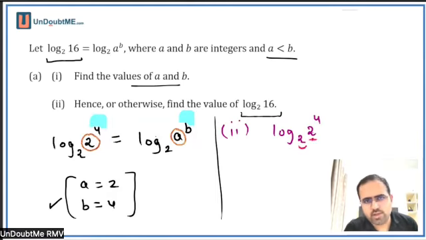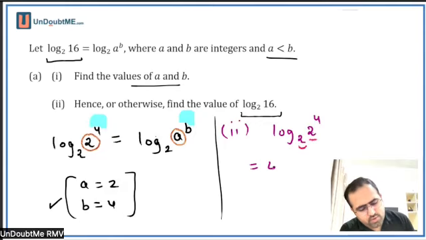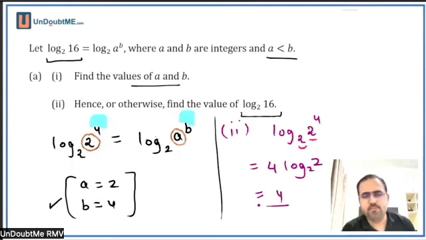If possible. In some questions it may not be, then there will be some other thing. But whenever it is possible, it's easy. Now it's just 4 log 2 to the base 2, which is 1, and then it will be 4. So this was the first type of question where we have just used simple understanding about log, nothing extraordinary.